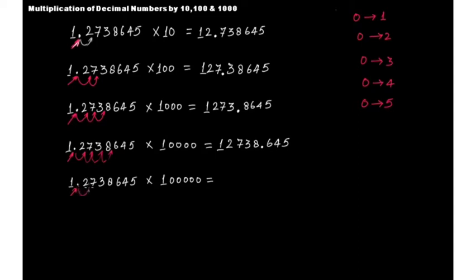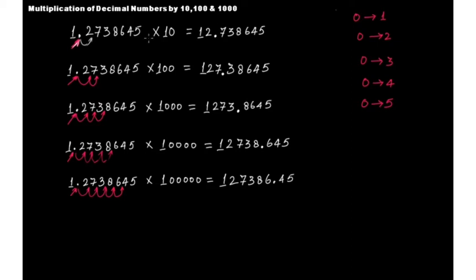So first jump, second jump, third, fourth, and this 5th. So the number of zeros will tell you how many digits you have to count after this decimal point. It will be placed after 6. So this is 1, 2, 7, 3, 8, 6.45.